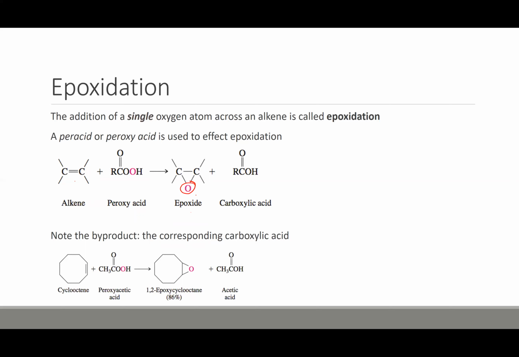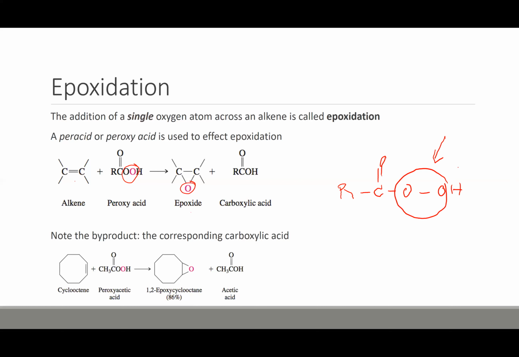To make an epoxide, we need something like a peracid or a peroxy acid. You'll normally see peroxy acid. Notice it has these interesting 2 oxygens bound together. This actually looks, if we draw this out, like this. This is a special type of group, these 2 oxygens bound together. This is important for the formation of the epoxide, which is why we need to use a peroxy acid for epoxide formation.